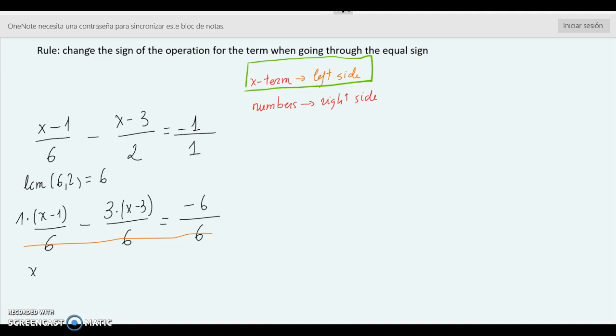I will have x minus 1. Here, be careful, it's not 3, it's minus 3. Don't forget the sign. Minus 3 times x, minus 3x. Minus 3 times minus 3 is plus 9. Equals minus 6.